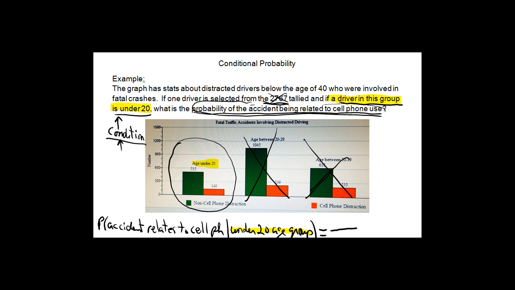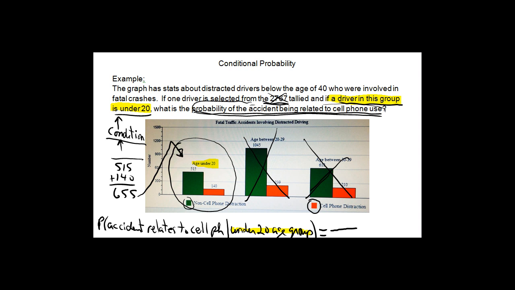And we can find that fairly easily. There were 515, and that's the dark, the non-cell phone. And there were 140, and the light is the cell phone. So add those together, 655. There are a total of 655 drivers in this group here, and that's the only group we're interested in.